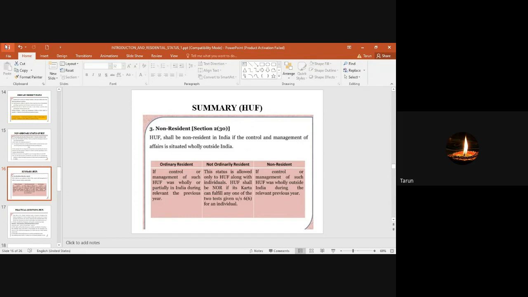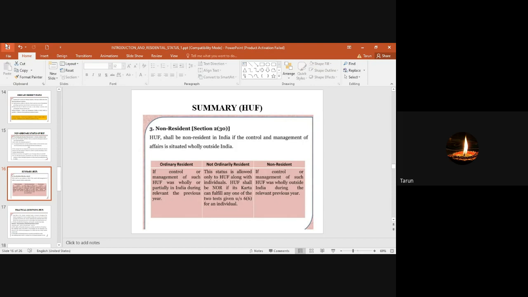Not ordinary status is allowed only to individuals and HUF. An HUF shall be a not ordinary resident if the Karta can fulfill any one of the two tests given under section 6, subsection 6 for an individual. As I told you, the two additional conditions have to be satisfied, which are already given in the individual case as well.